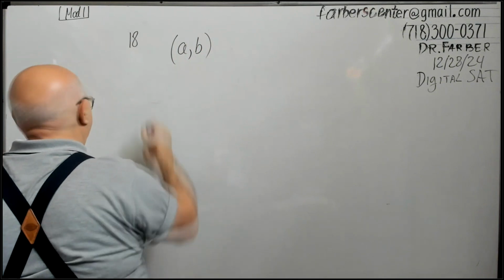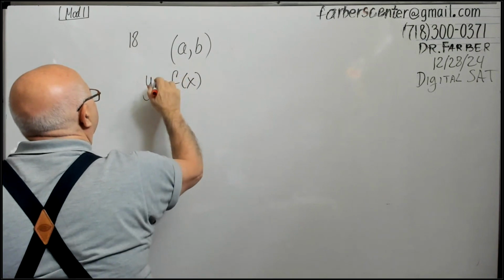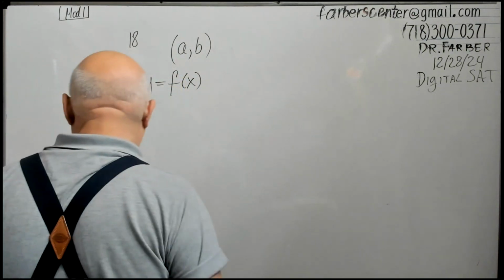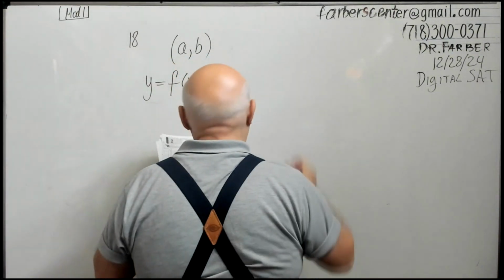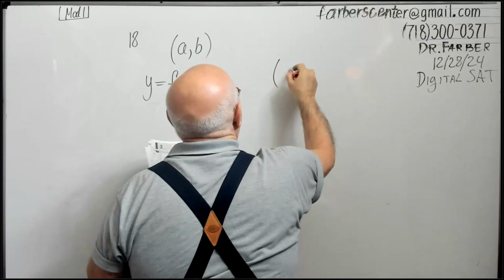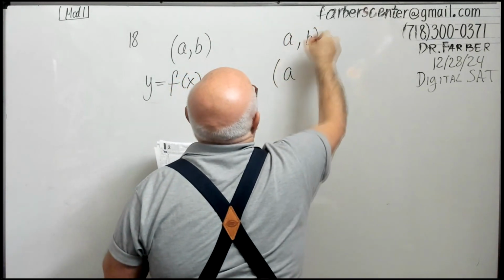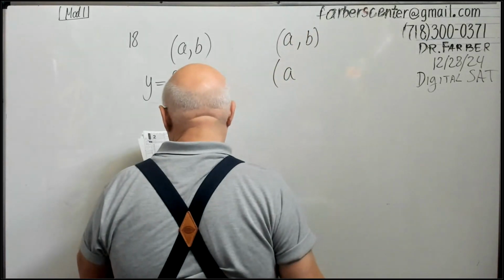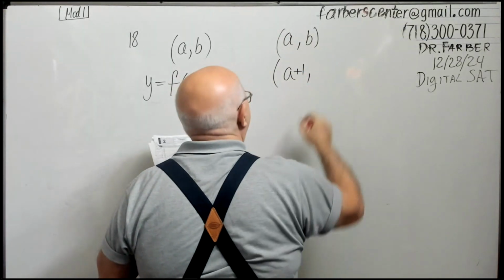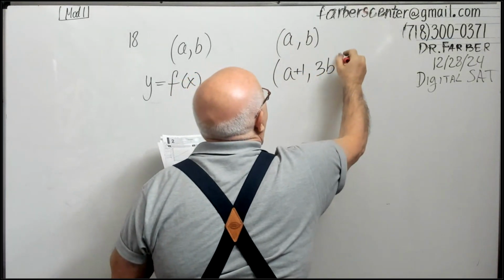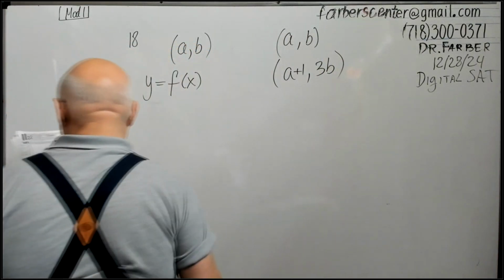And we have a graph of y equals f of x. And you have another point. Let me write AB here, yes, right. And another point which also belongs to this graph: A plus 1 and 3b. Whether we could define b.